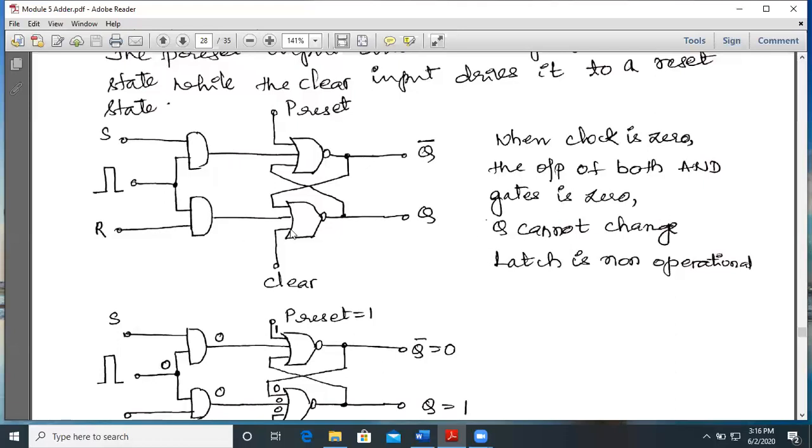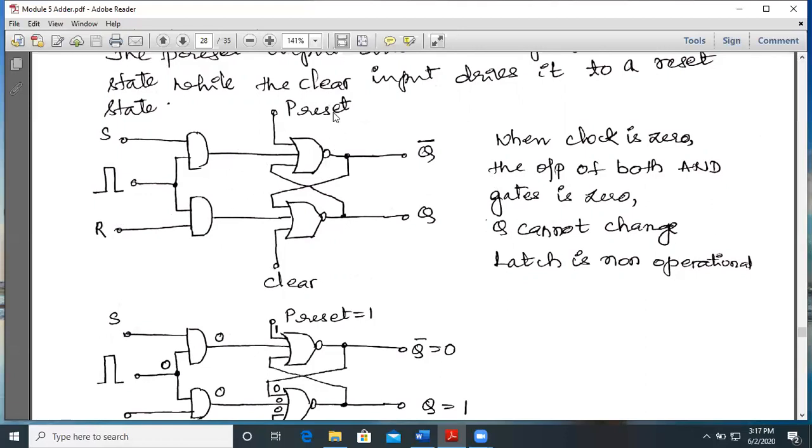So when the clock is 0, Q cannot change, because S and R are synchronous inputs which change the output only when the clock signal is present. When the clock is not present, obviously the output of the AND gates is 0.